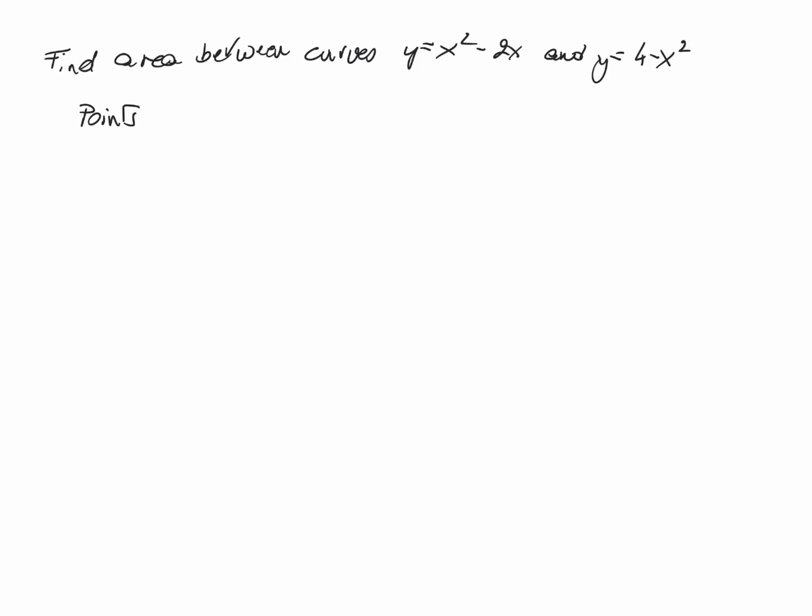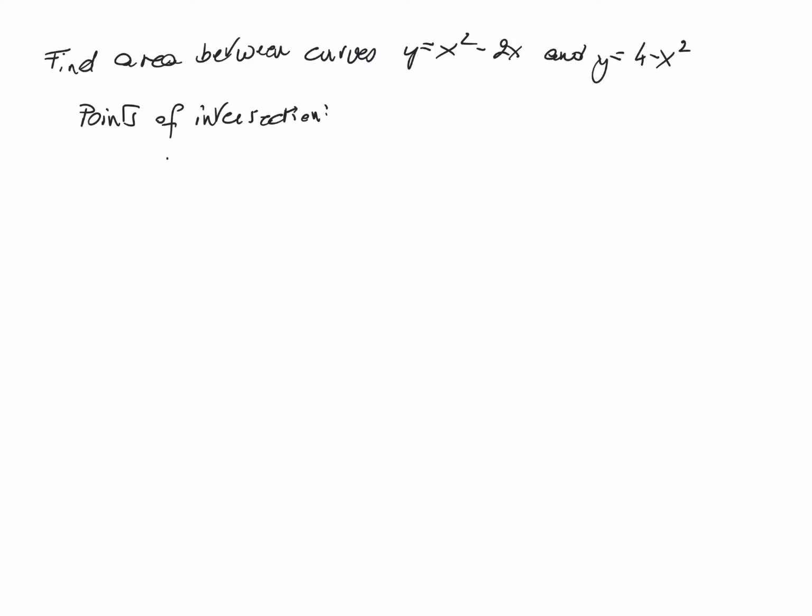Next, let's take a look at the area between the curves y is x squared minus 2x and y is equal to 4 minus x squared. First of all, we will need the points of intersection. So where do these two curves intersect?